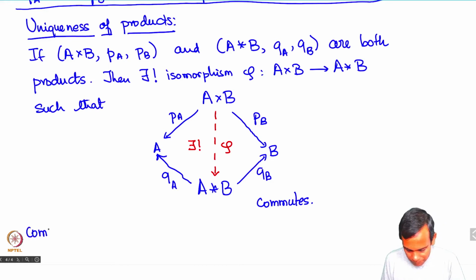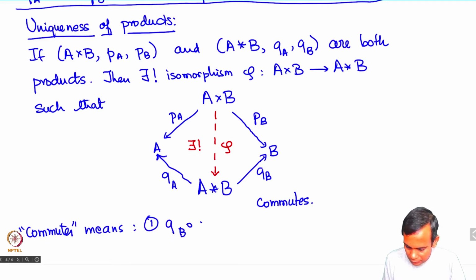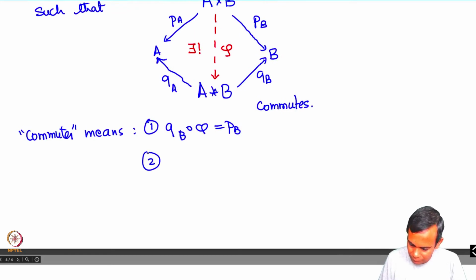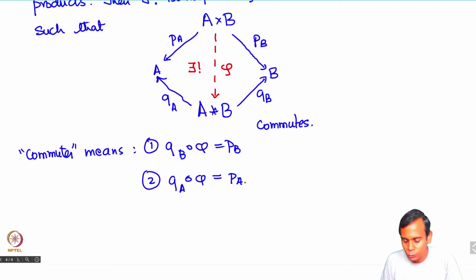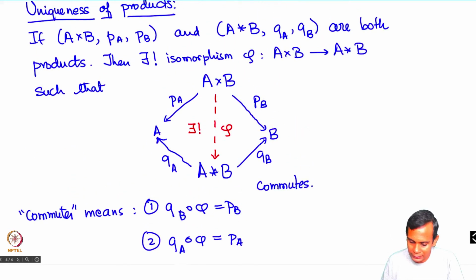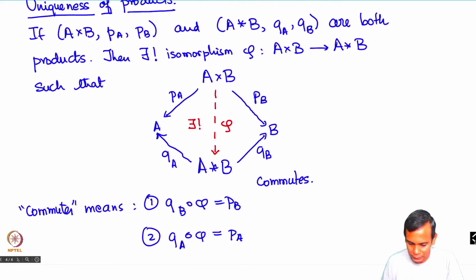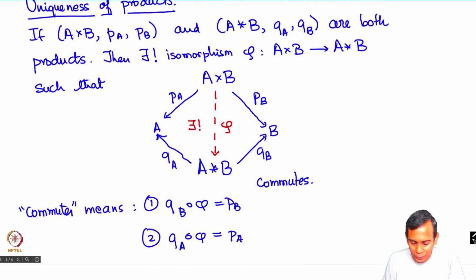So commutes means one, that QB circle phi is equal to PB, and secondly QA circle phi is equal to PA. So these are the two assertions being made here. Okay, so that's the statement of the uniqueness of products. And now let's go on to prove this.